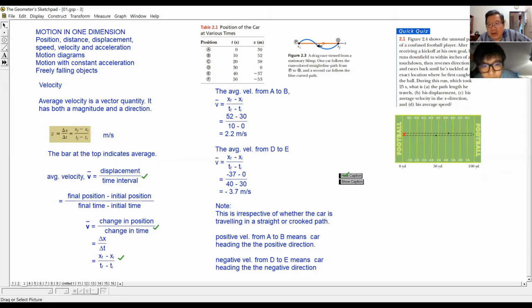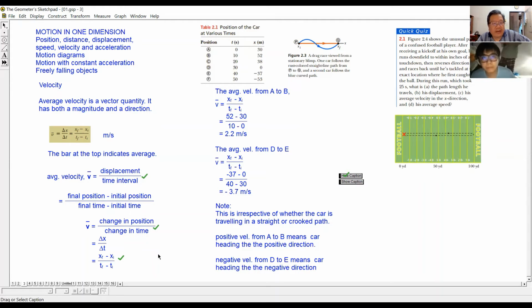So we don't care whether they're using a crooked path or straight path. Straight away we say it is displacement, final displacement minus initial displacement divided by the time interval. So it is this position and this position. We don't care whether crooked or straight path, right?